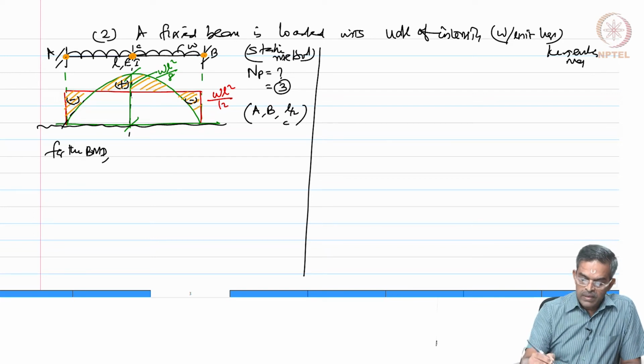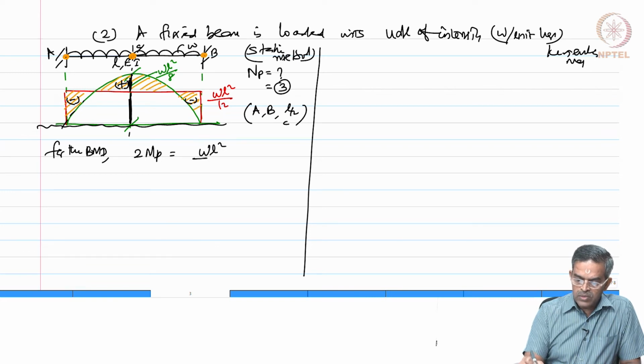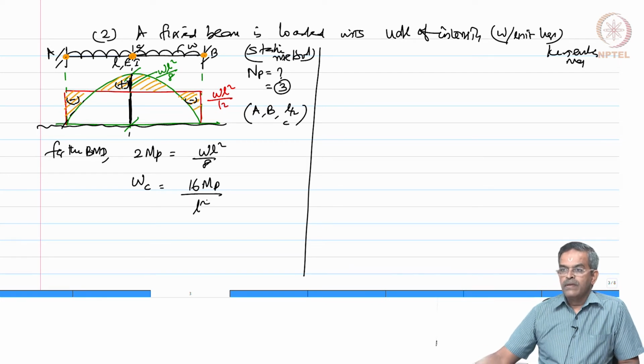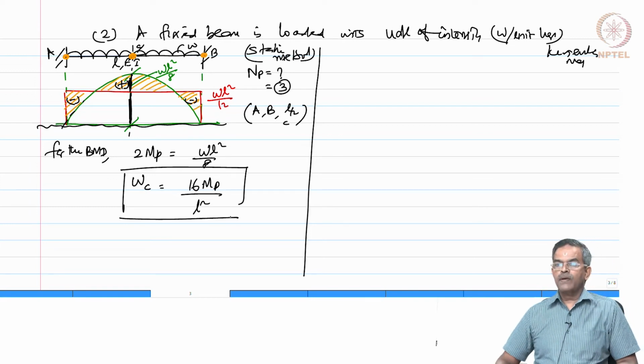So, I should say 2 MP will be now equal to WL square by 8, which will give me WC as 16 MP by L square, which is my collapse load.